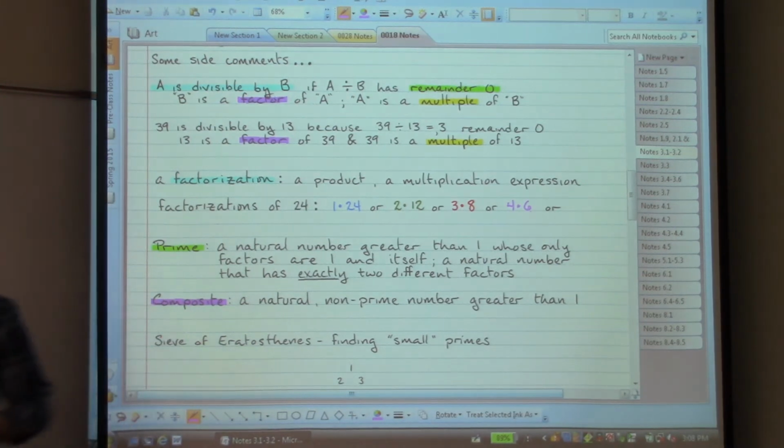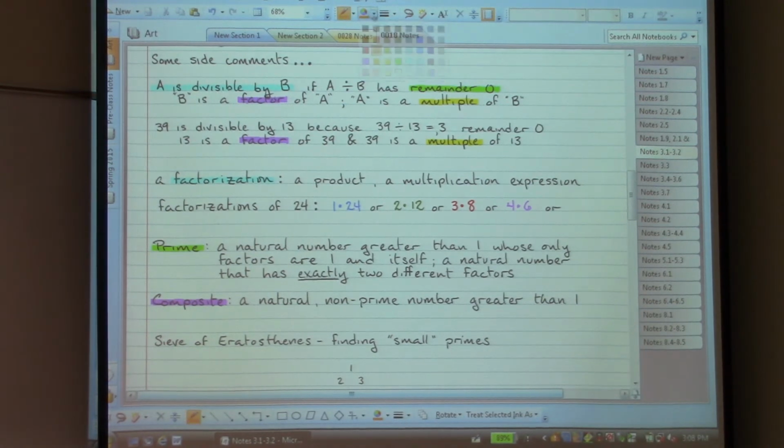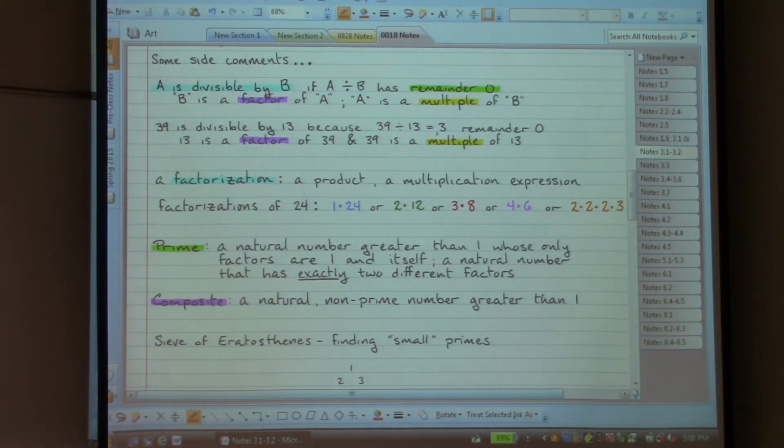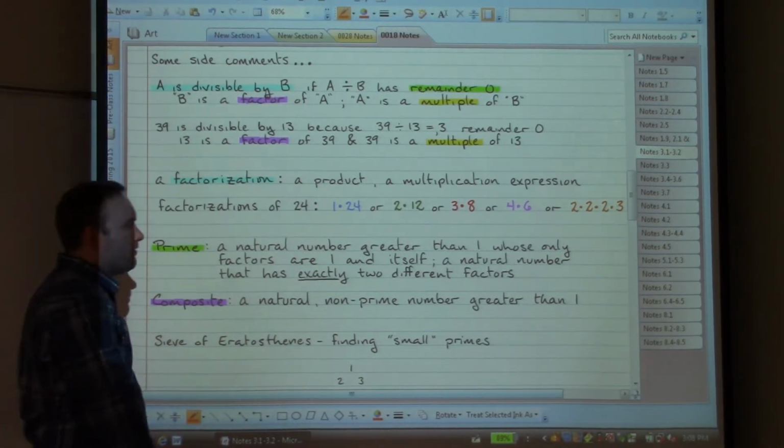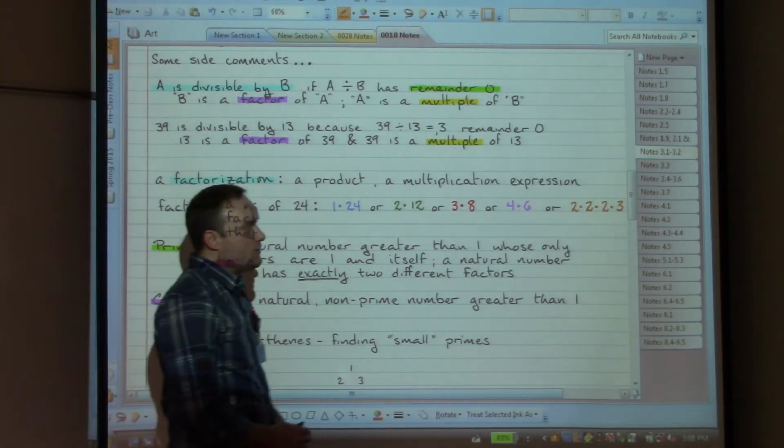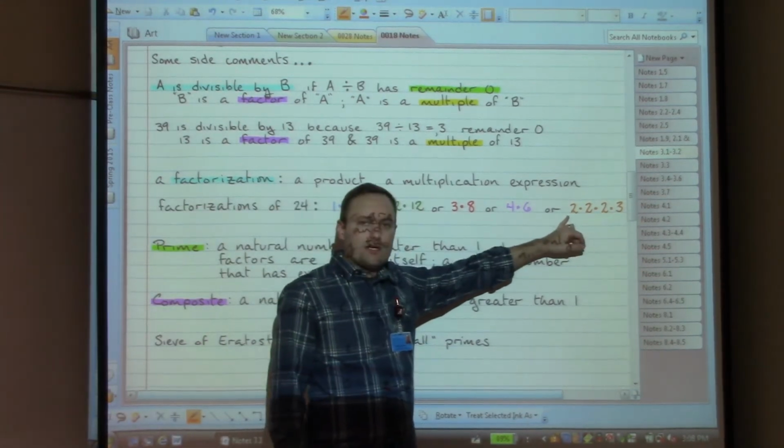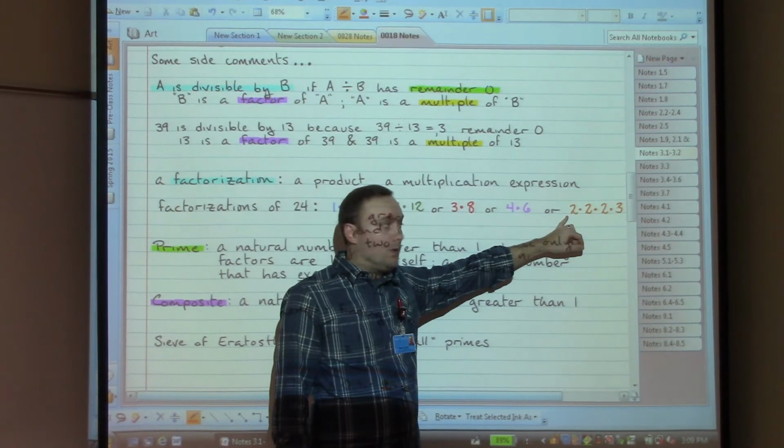And that would look like 2 times 2 times 2 times 3. That would be taking the number 24 and breaking it apart so each factor is as small as it could possibly be while still being a whole number.